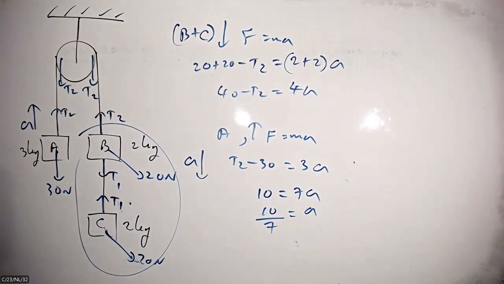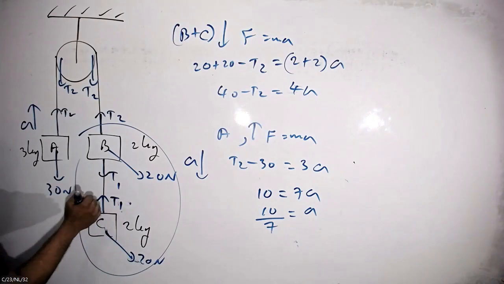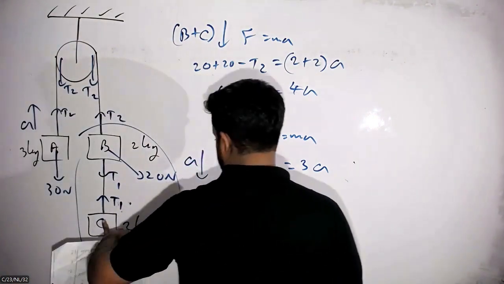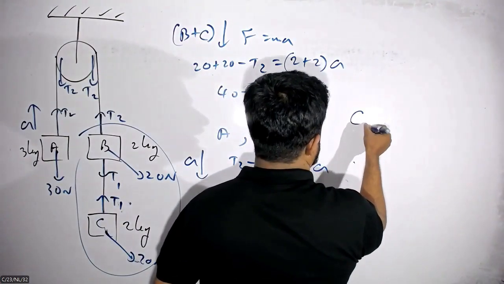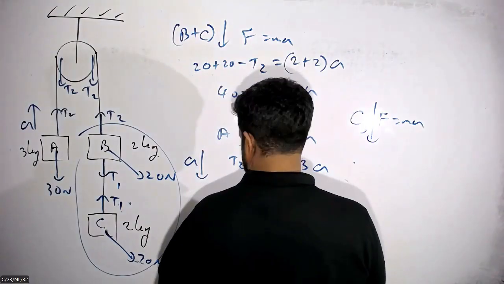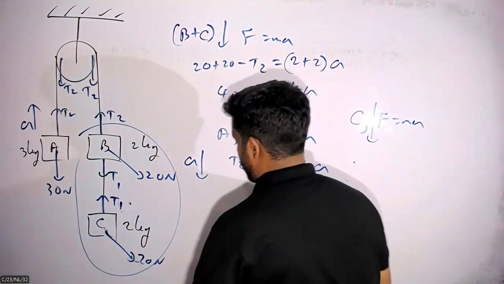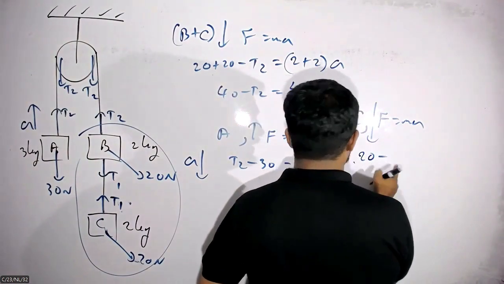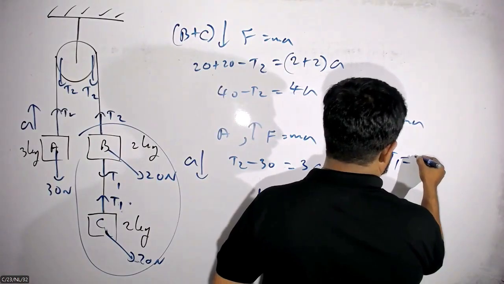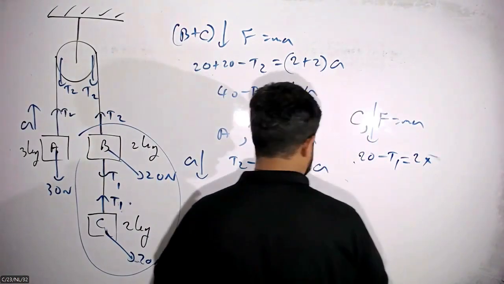Now we have found the acceleration of B and C. Then you can apply Newton's second law for C to find the tension T1. Only for C, F equals ma in the downward direction. There are two forces acting on C, the weight and this tension T1. 20 minus T1 is equal to 2 into a, and the acceleration is 10 over 7.